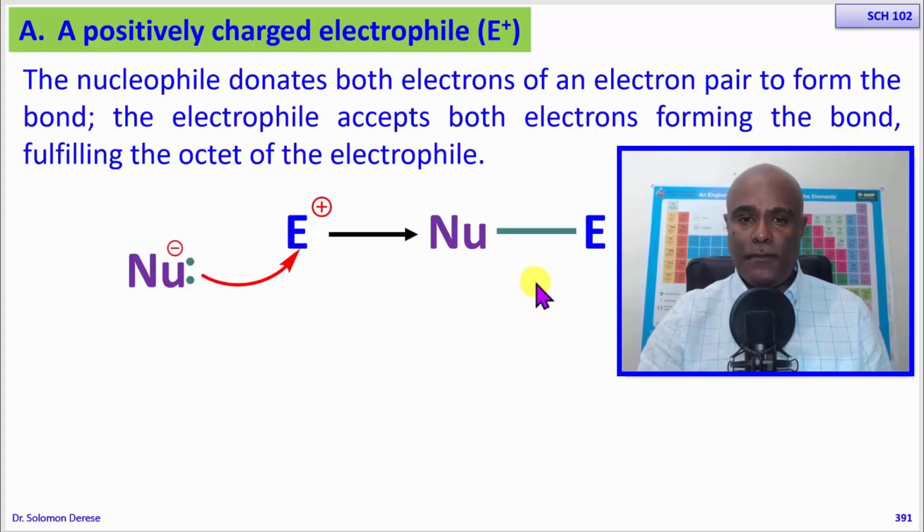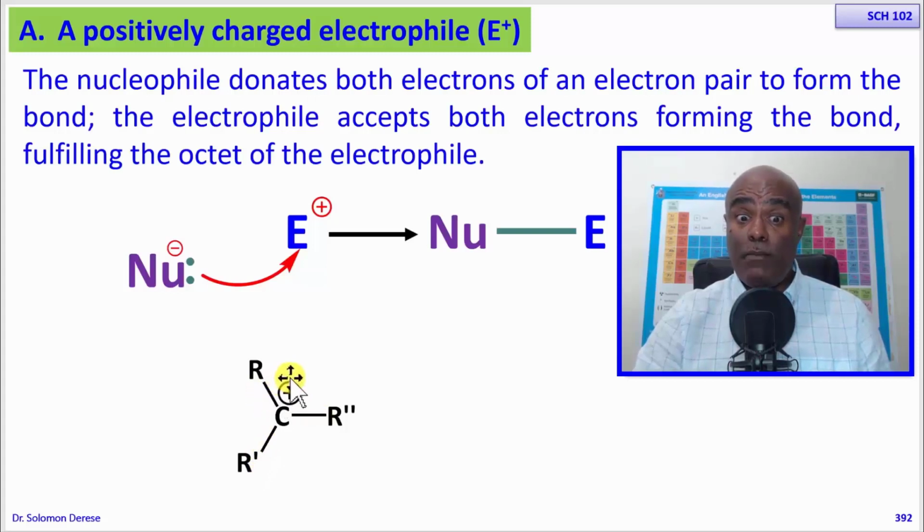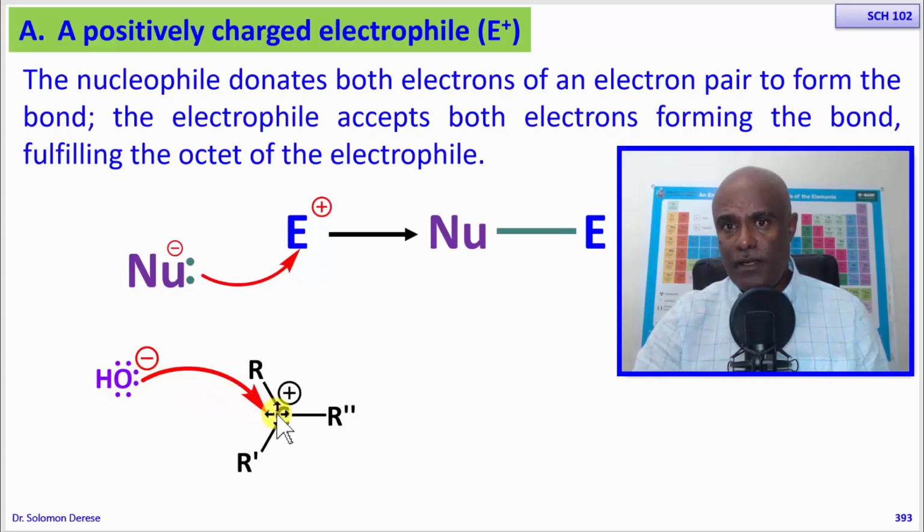Let me give you an example. You take a carbocation. This carbocation has 1, 2, 3, 4, 5, 6 electrons. So it is a fully positively charged electrophile. When it reacts with a nucleophile, like a hydroxide ion, HO-, the nucleophile will donate its 2 electrons to form a bond with the carbon.